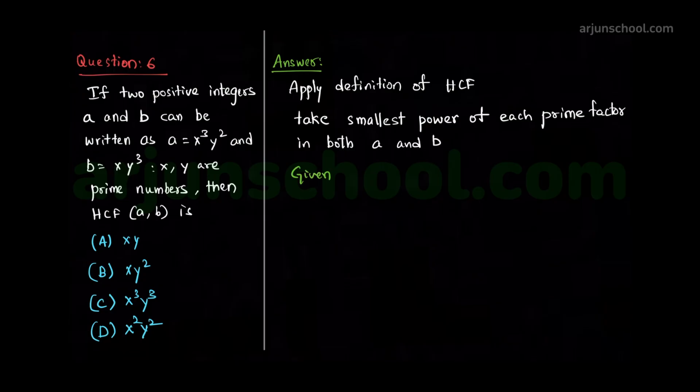Now we are given that a is equal to x cube into y square and b is equal to x into y cube, where x and y are prime numbers, which means a and b are written in their prime factor notation.